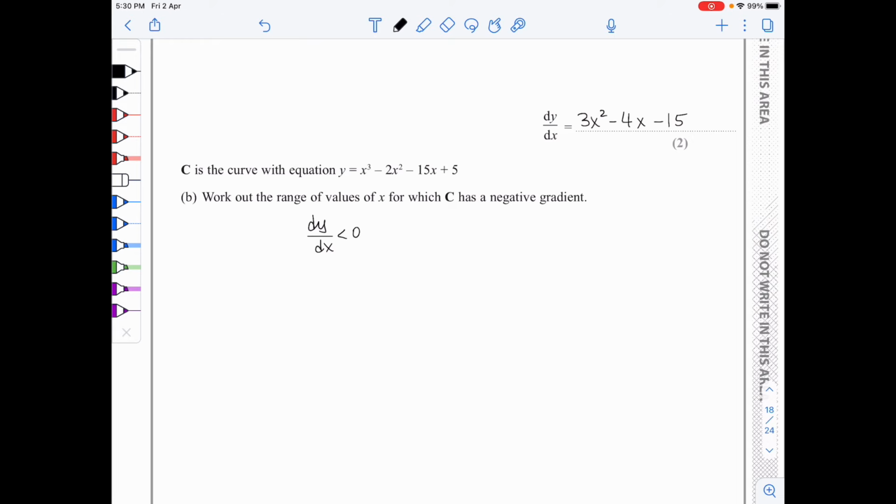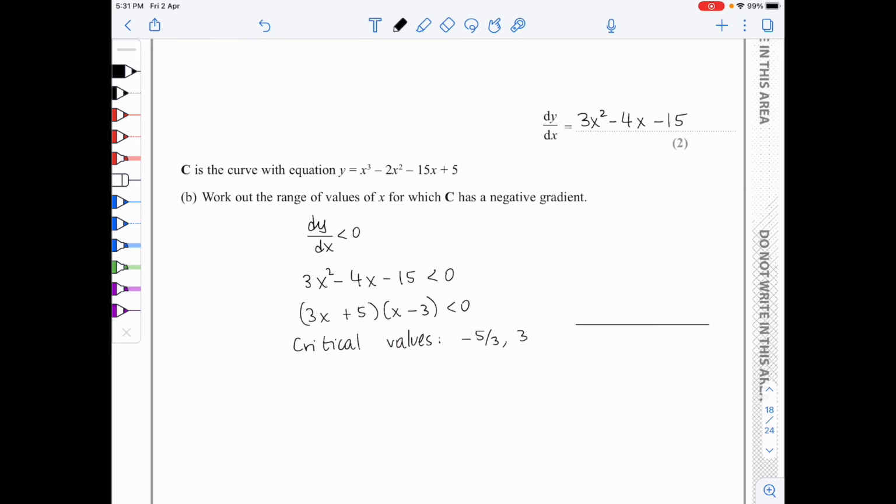So this is essentially asking us to solve a quadratic inequality. Now this will factorize into 3x and x, and we could put here the 3 and the 5, so minus 3 and plus 5. So we get critical values to be negative 5 over 3 and 3.